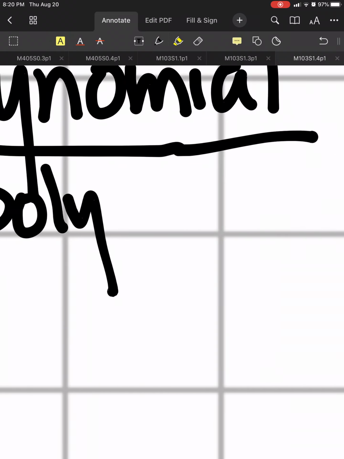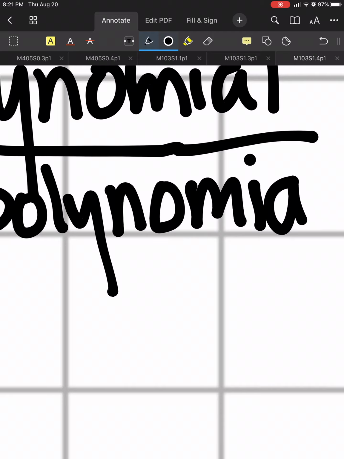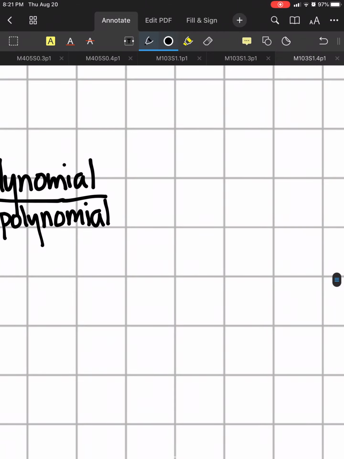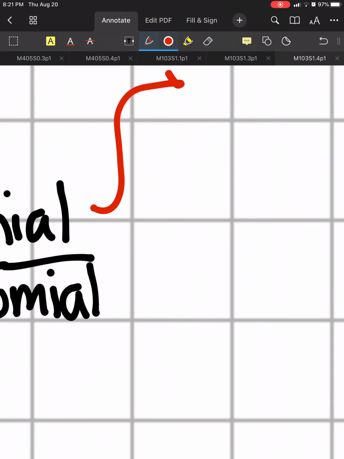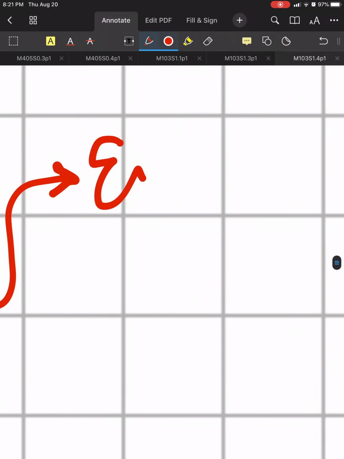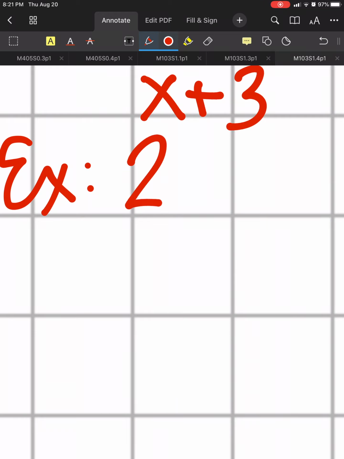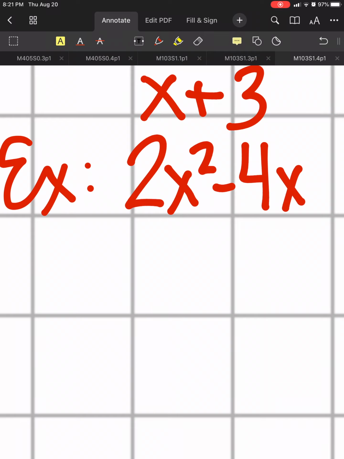And here, remember polynomials are essentially sums of powers of x. So when I say a polynomial, let's put a quick example up here. One example would be x plus 3. Another one might be 2x squared minus 4x plus 7.